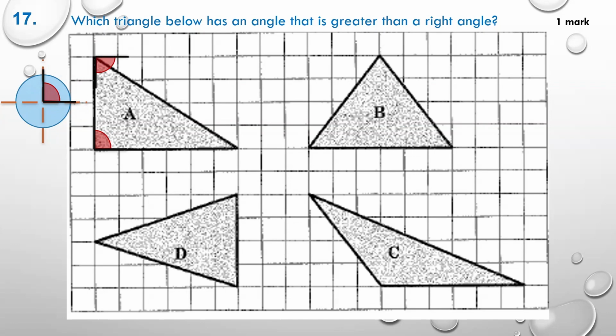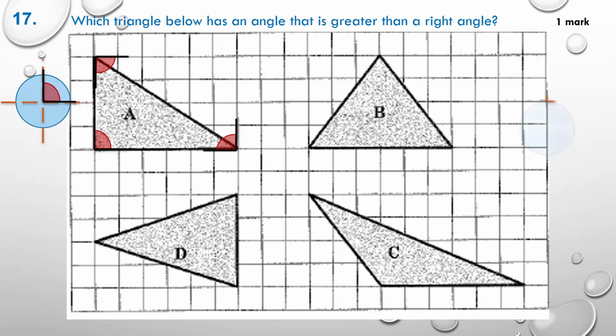It's a measure of rotation or turning. And we have a third angle. So we bring it down here and turn it back again. Can we see if our angle is equal to, greater than? No, it's not. So in triangle A, none of the angles is greater than 90 degrees.